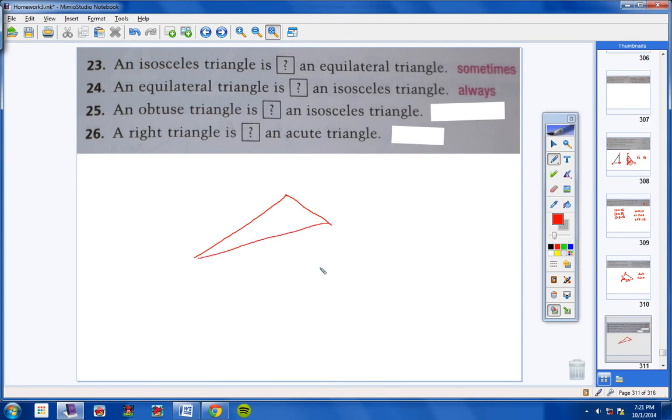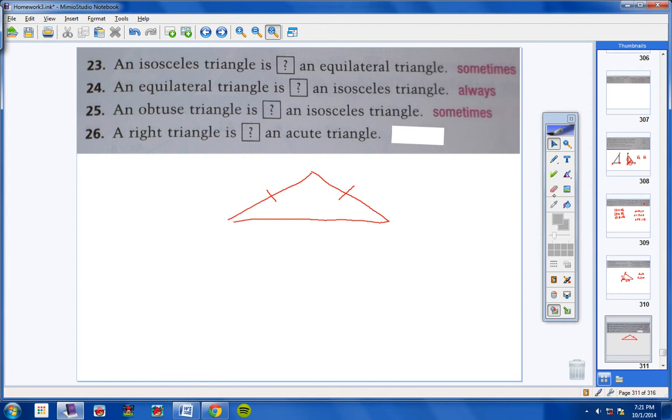And obviously, all three sides are different lengths, okay? However, I can also draw a really big angle like this, in which this side here is the same length as this side over here. And so sometimes an obtuse triangle is an isosceles triangle, and sometimes it's not, okay? So the word would be sometimes, okay?